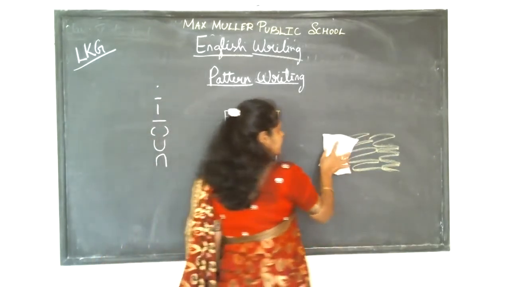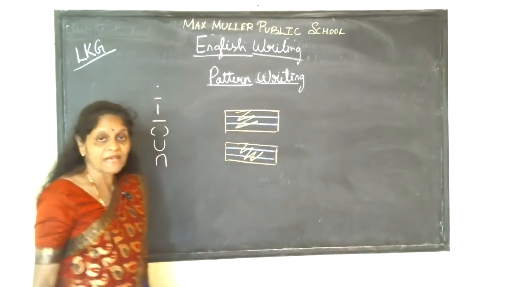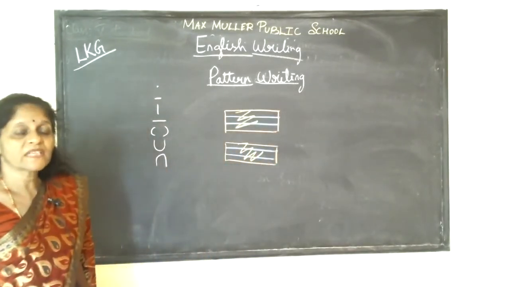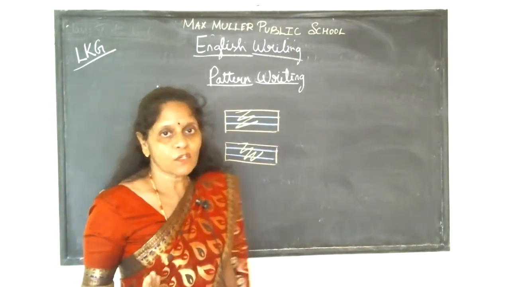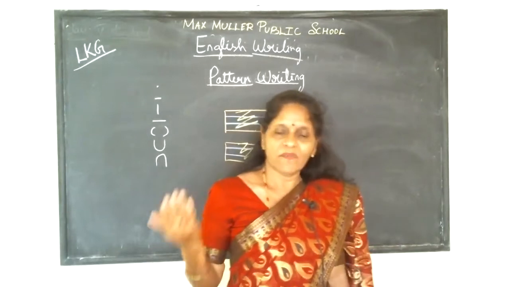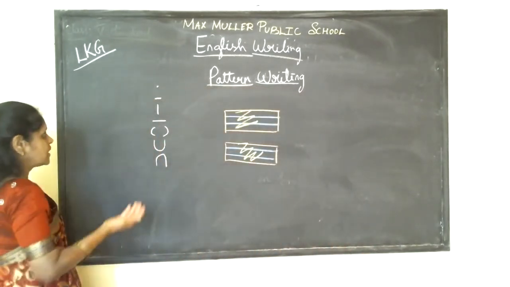So again, I will repeat. So once you learn these pattern writings, we'll start with the alphabets. So once you start with the alphabets, I will be giving you homework in the classwork as well as in the homework, children. Okay? So now let's start again revising.